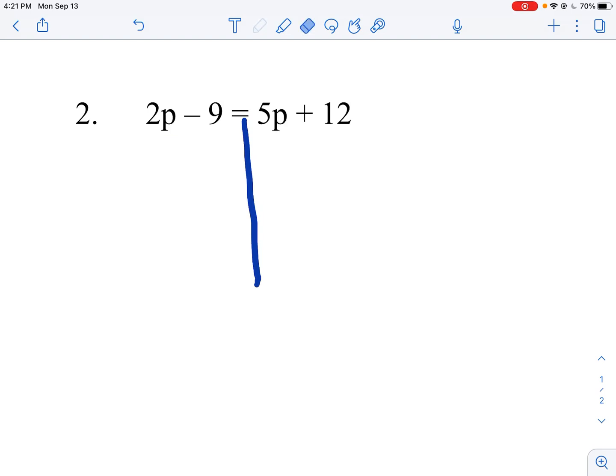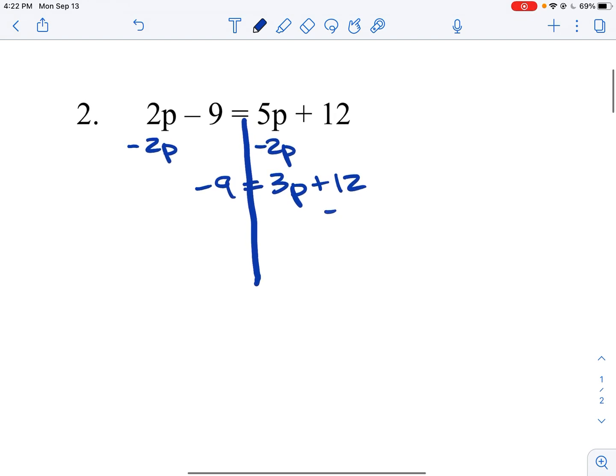Whichever one is the bigger one, that's the one I don't move. I want to move the smaller one to the other side. The whole point in moving the smaller one is so that you don't have a negative number.